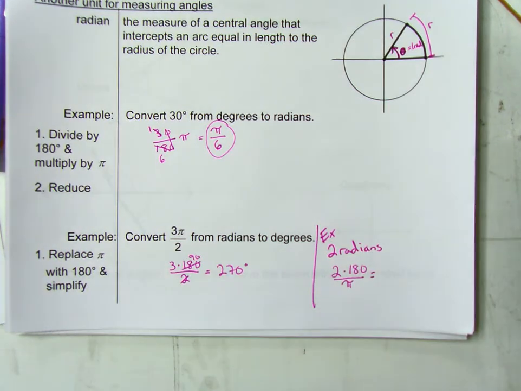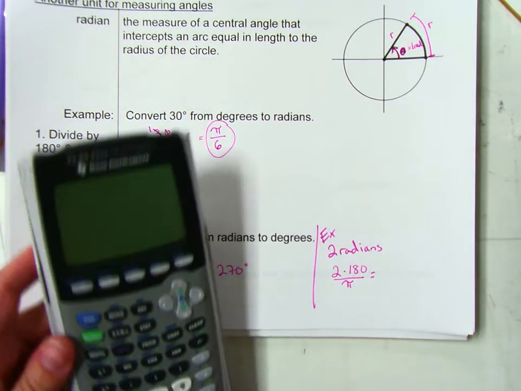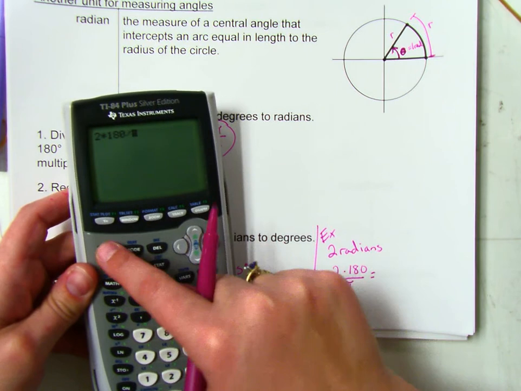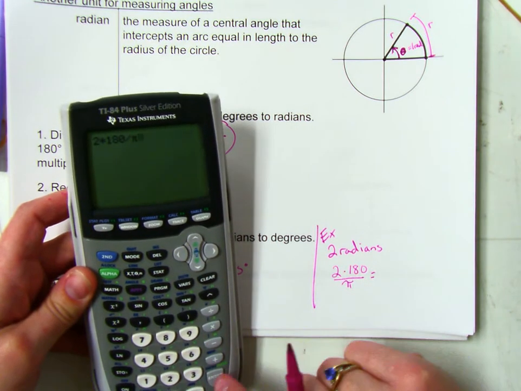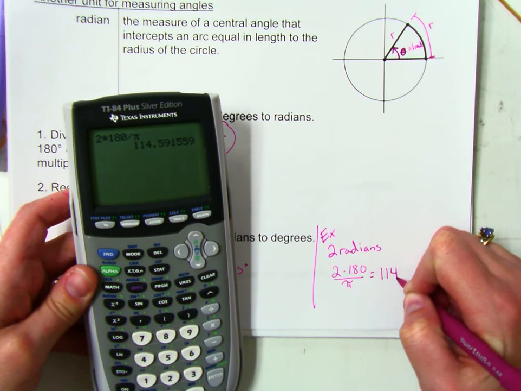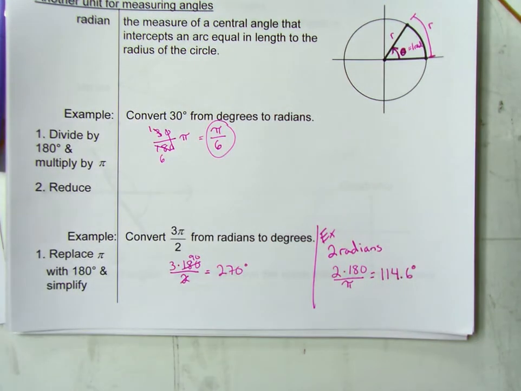In this case, since you are now not going to have a nice neat number, you are going to use the calculator. So 2 times 180 divided by pi. So you have 114.6 degrees.